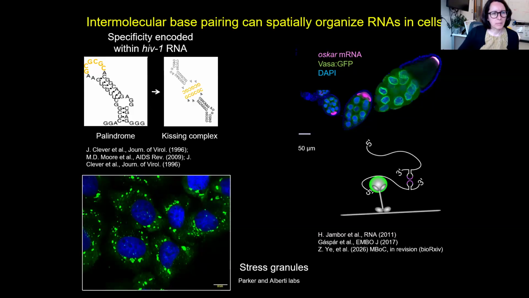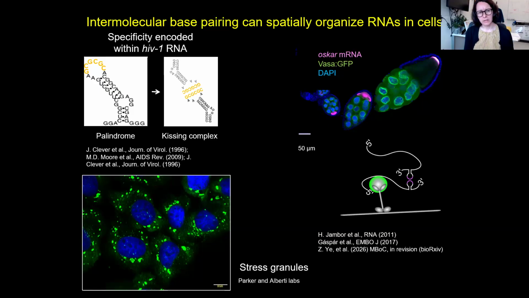The way this base pairing occurs is that the virus has a small stem loop structure at the beginning of the RNA, and at the top of this stem loop structure is a GC-rich palindrome. And this palindrome engages in kissing interactions involving base pairing, and this is really what drives dimerization.